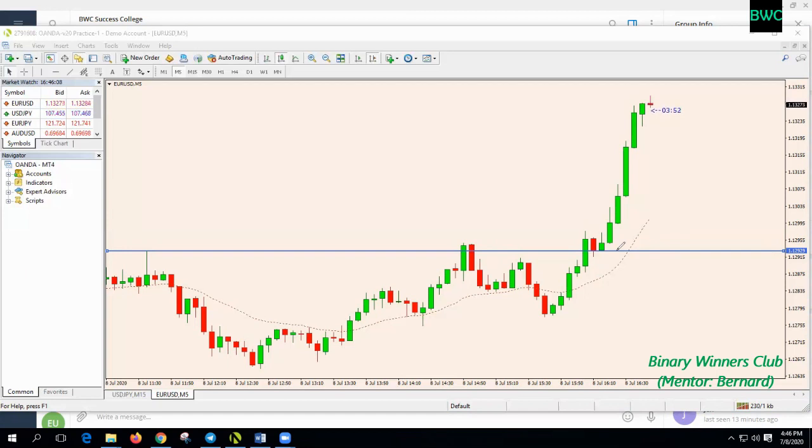Okay, so now this is a support. If I drew it here, this is resistance. That's a resistance. This is a support. Because the red candle made the change from the green to red.